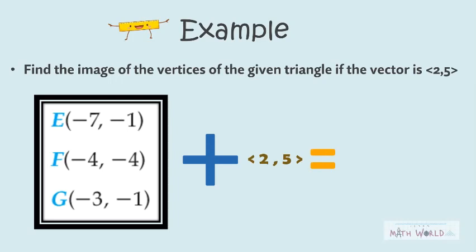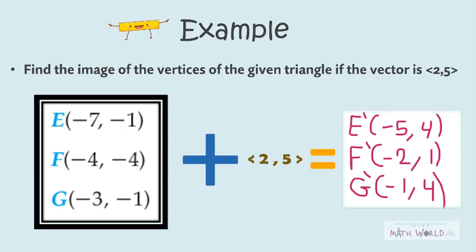Then we need to add -1, the y-coordinate of point E, to the y-coordinate of the vector, 5. So -1 plus 5 equals 4. So these are the new points: E dash, -5 and 4, F dash, -2 and 1, G dash, -1 and 4. We use dash to represent the new points.